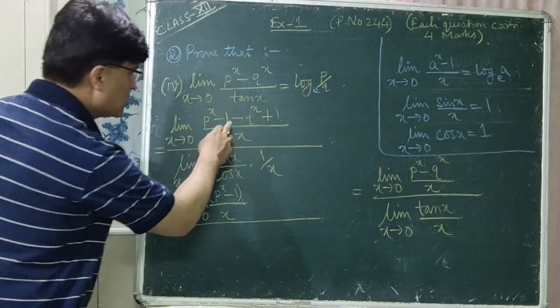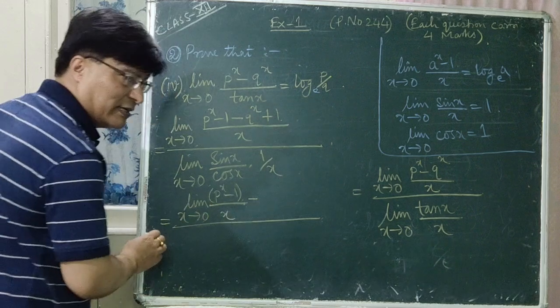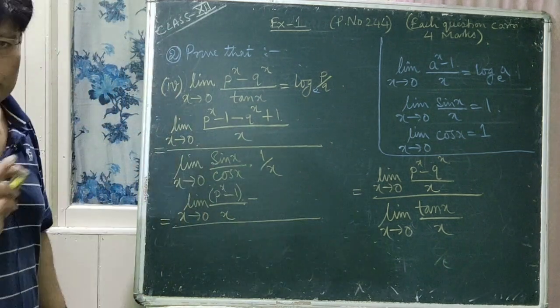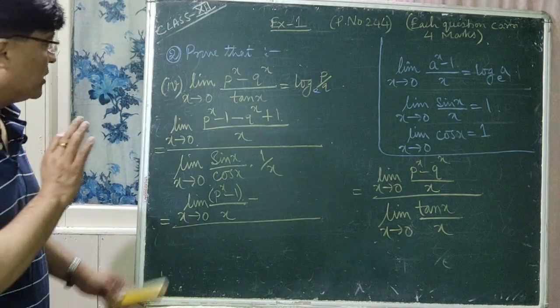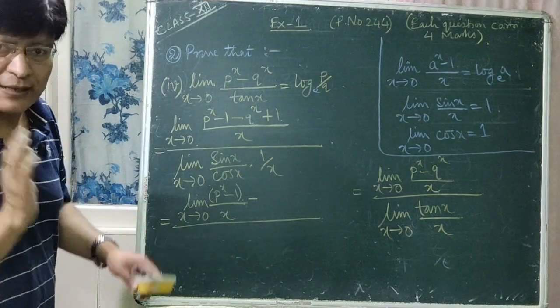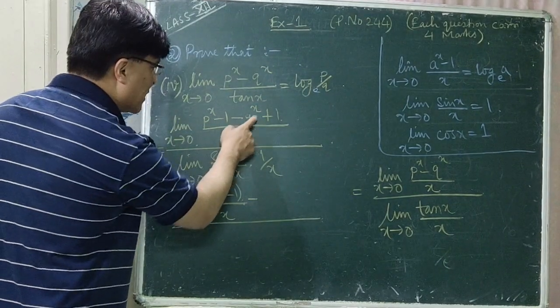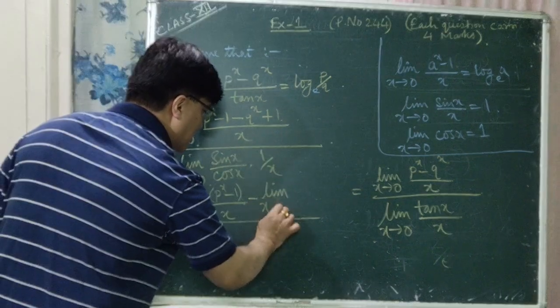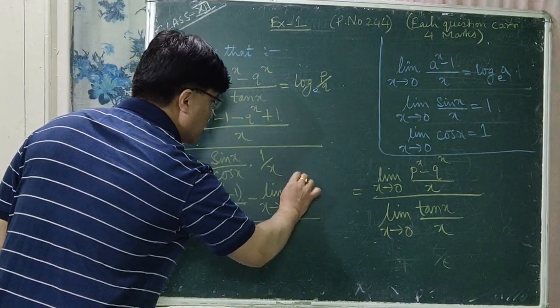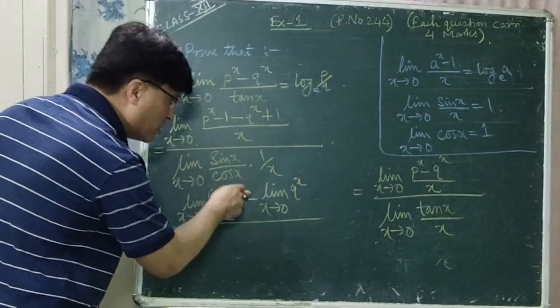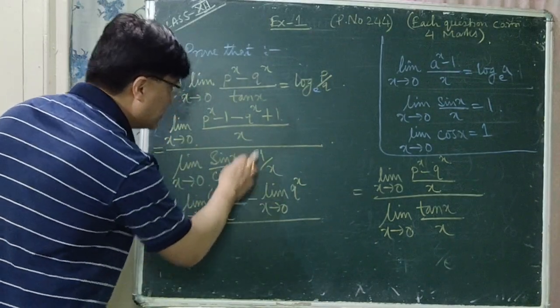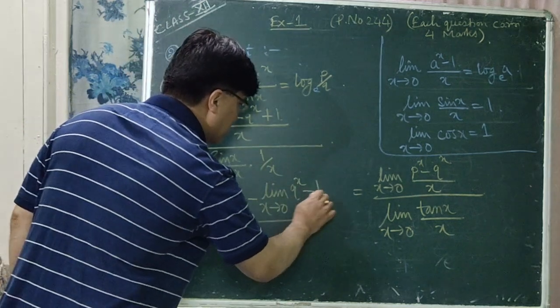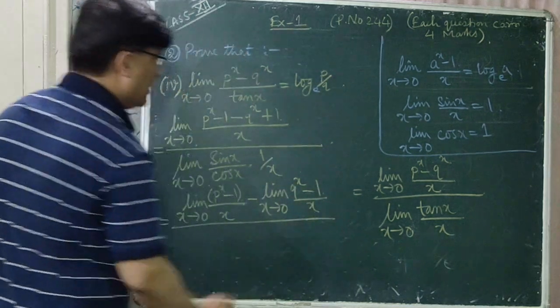Now there is a minus sign here. Wherever there is x, you have to write down the limit, and this limit is only for the variable x. Since q to the power x and x are there, write limit x tends to 0, q to the power x. Because of this minus sign, minus into plus will be minus 1 whole divided by x.